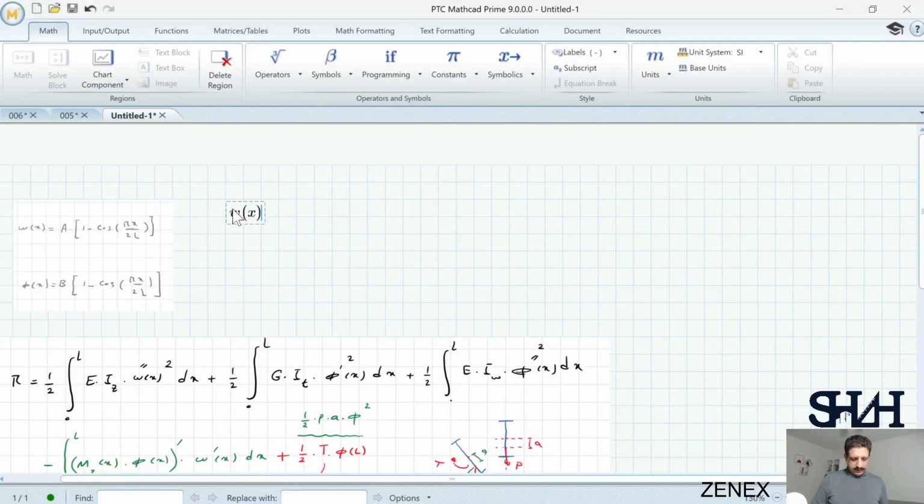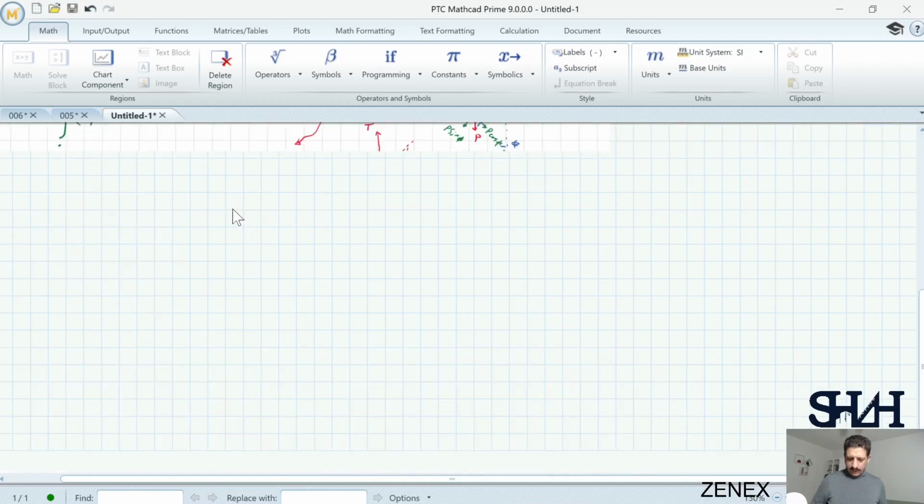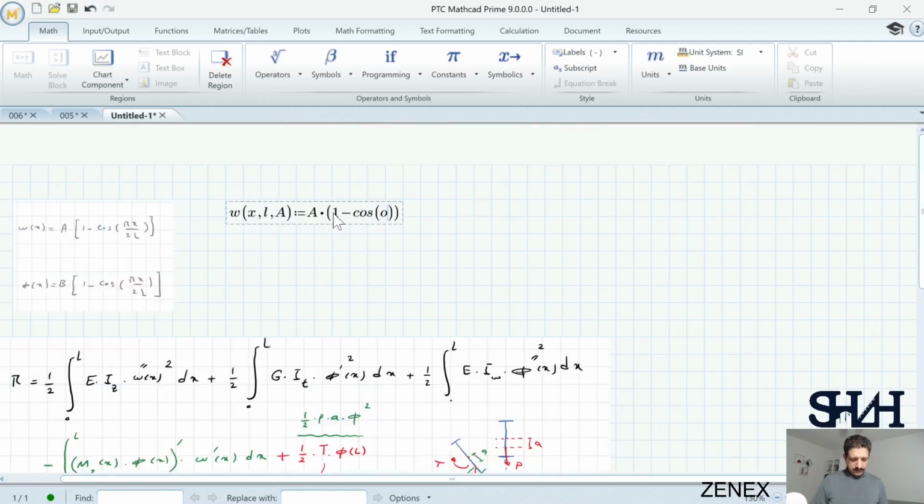Omega as a function of x and L and A can be written as A times 1 minus cosine pi times x divided by 2L, and phi as a function of x and L and B can be written as B times 1 minus cosine pi times x divided by 2L.